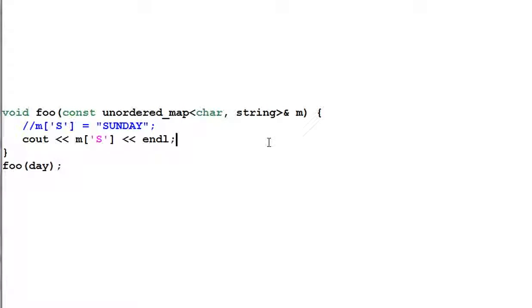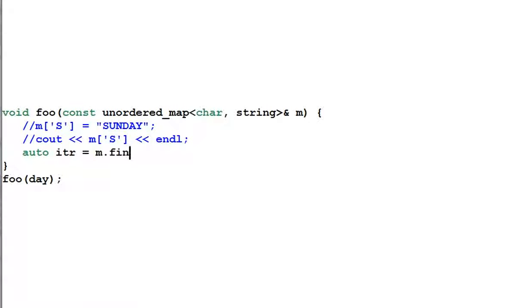As innocent as this code looks, it will fail with the exact same message as the previous one. So what happened? It turns out the subscript operator provides a write operation to the container. So when the compiler sees this, it will assume that you are going to write into m. So in order to print m[s], we have to do auto iter equal to m.find(s).